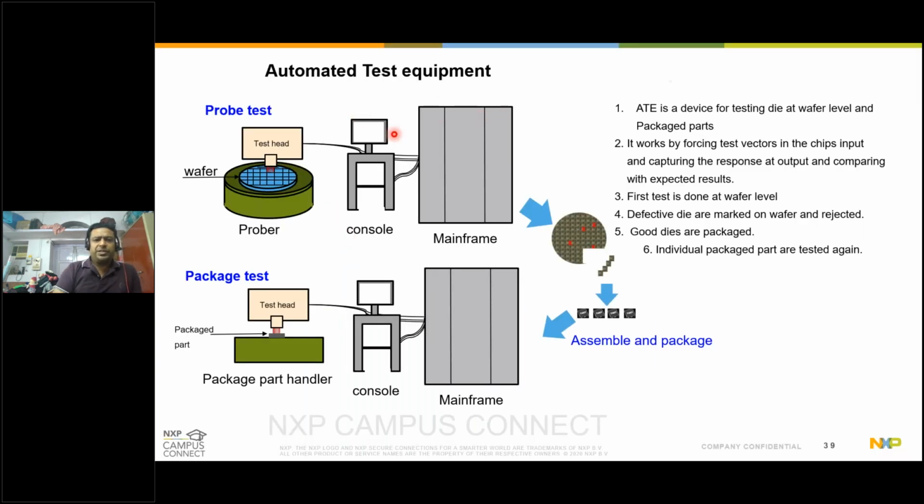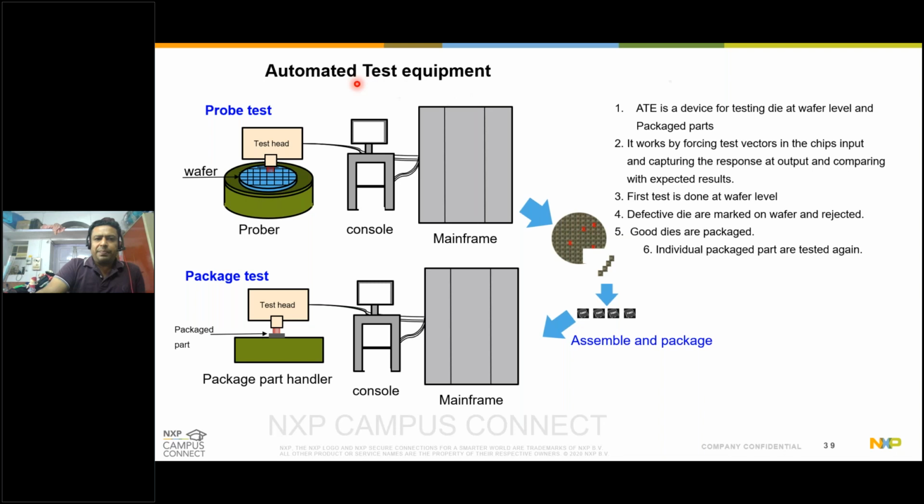Any SOC is tested through a test equipment, which is responsible for providing the test patterns to your SOC and then comparing the response. So an automated test equipment, or a tester as we say, is a device that is used for testing die at wafer level and also the package parts.